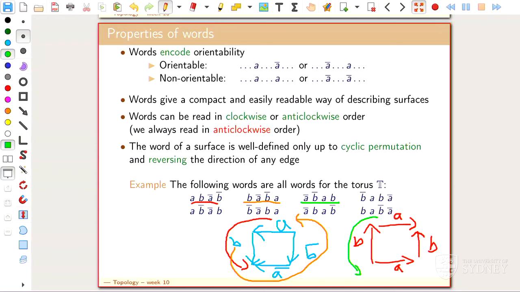So if you swap B, you also swap B bar. And you get different words representing the same torus. Whenever you see any of these eight pictures somewhere, you can be sure that there is a torus in your surface. So this A, B, A bar, B bar pattern, in whatever order, is always a torus.